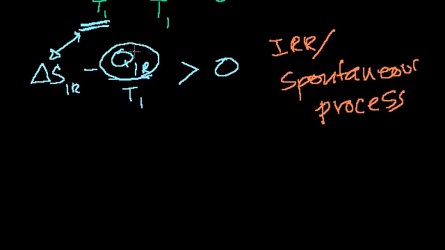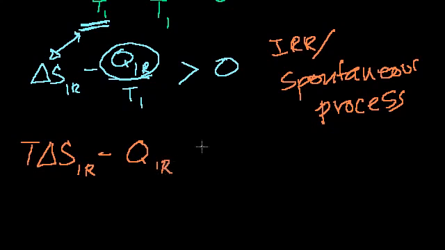Now let's do a little bit of mathematics. This is the heat that was essentially given to the irreversible system, and it's a minus here because this is the term taken away from the actual reservoir. Let's multiply both sides of this equation by T1. We get T1 times delta S of the irreversible process minus Q of the irreversible process is greater than 0.